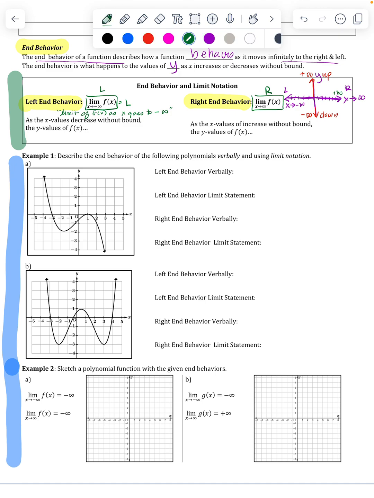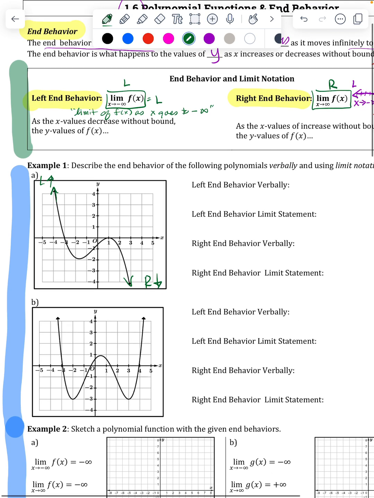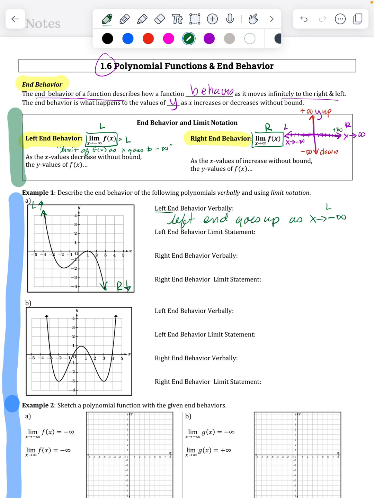So here you can just use your eyeballs and say, hey, the left end of this is going up and the right end of this graph is going down. I'm just using my eyes. This is asking me to describe the left end, and I would basically just say the left end goes up as x approaches negative infinity, which is essentially saying the left end.